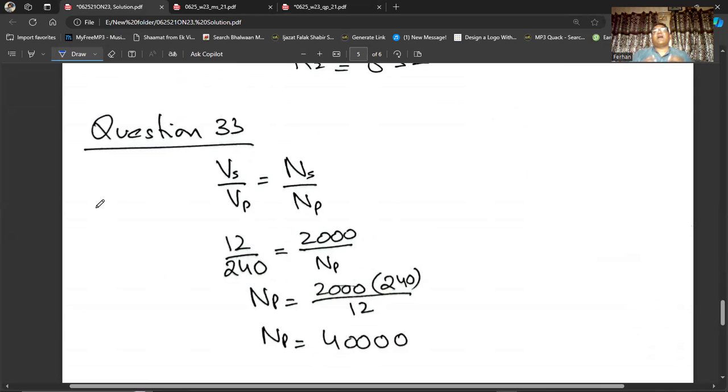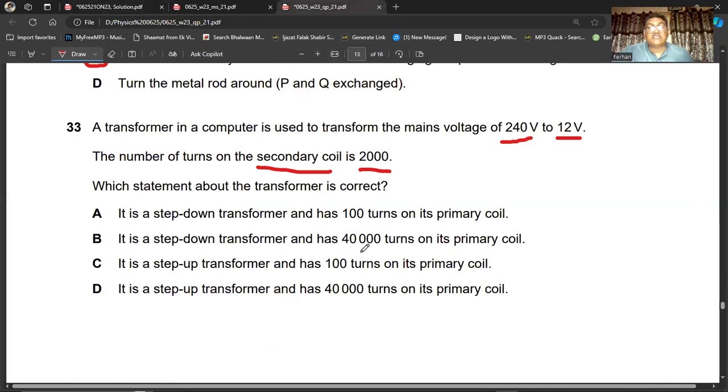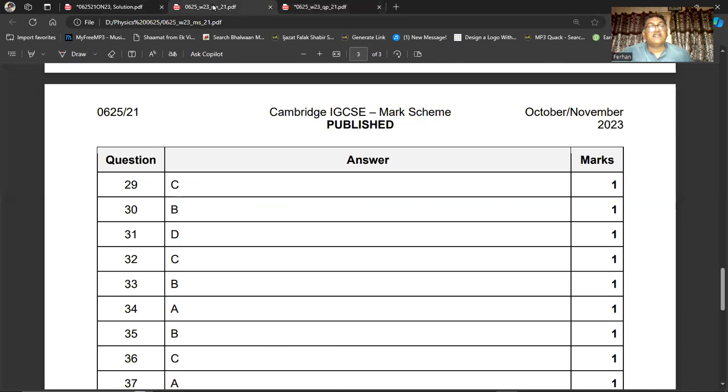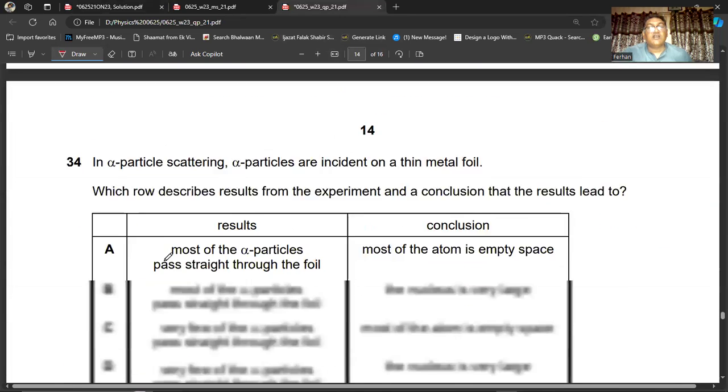The number of turns in the primary will be 2000 multiplied by 240 divided by 12, and that will be 40,000 turns. And it's a step down transformer. 40,000 turns in the primary coil, and it's a step down transformer. So for question number 33, B is the right choice.